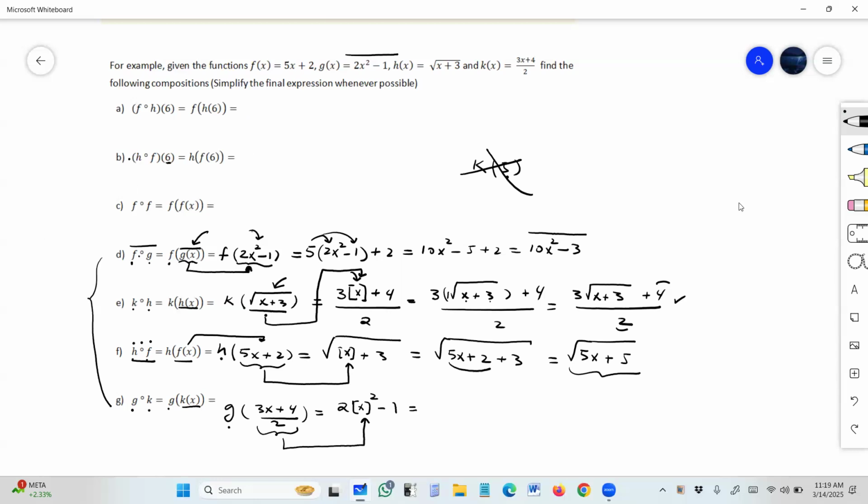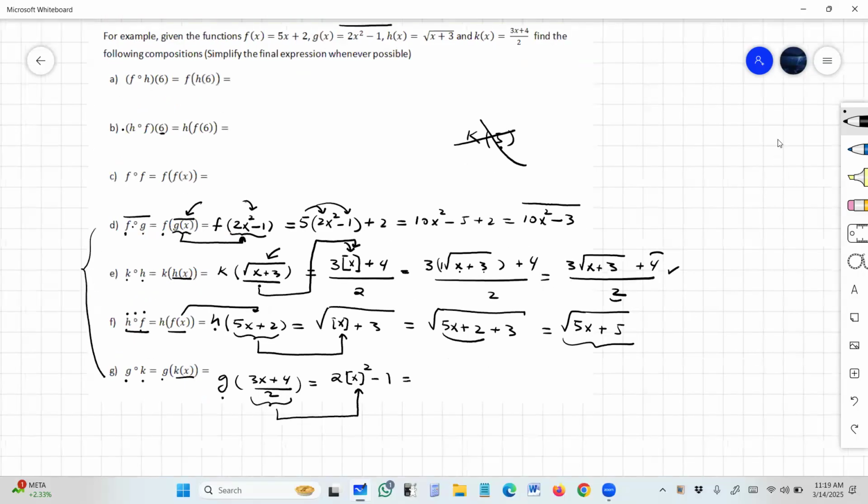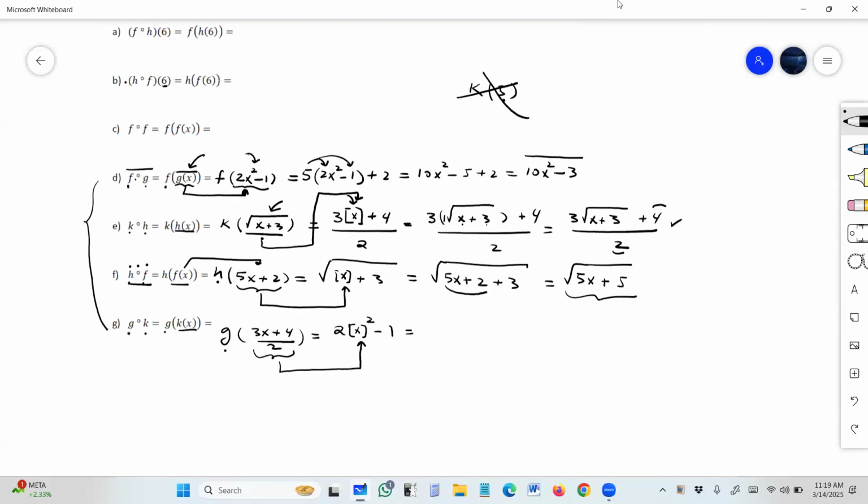So let's see. I'm going to make myself some more room because this is going to take a couple of extra steps. So I'm going to replace X with this whole expression. So 2 times ((3x plus 4) over 2) squared, minus 1.